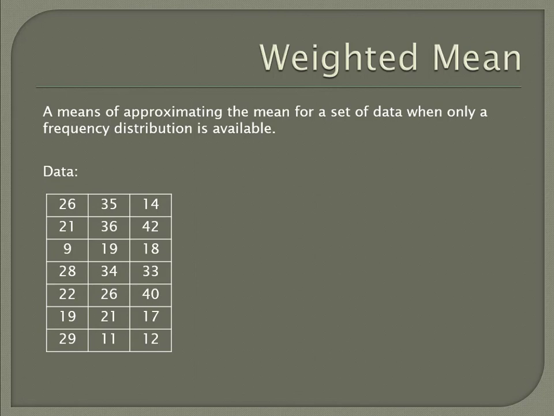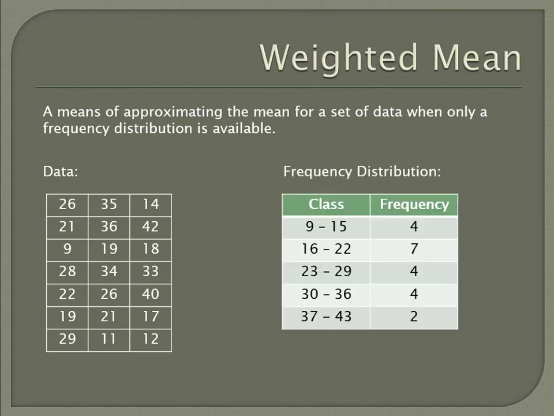So here's my data set: 26, 35, 14, 21, 36, 42, 9, 19, 18, 28, 34, 33, 22, 26, 40, 19, 21, 17, 29, 11, and 12. Now, what I'm going to do is first just calculate the mean of that data set. So the mean of that data set is 24.38.